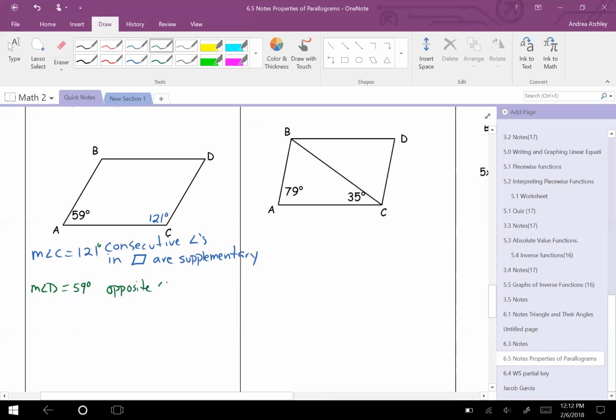Opposite angles are congruent in parallelograms. So this is also 59 degrees. That also makes this one 121 degrees. Any questions over that?